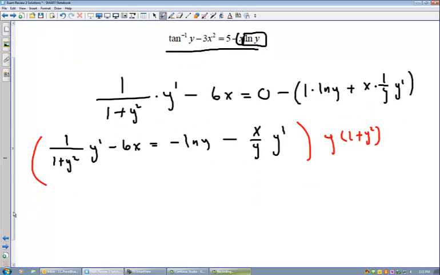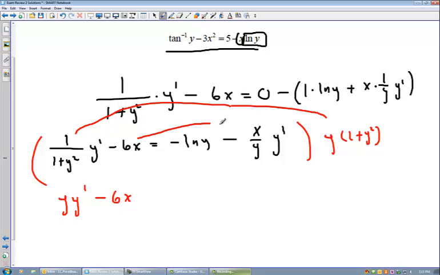So when I multiply this by that, the 1 plus y squareds will cancel, so I'm going to get a y prime minus 6x times that, so times y, 1 plus y squared, minus ln times that thing.